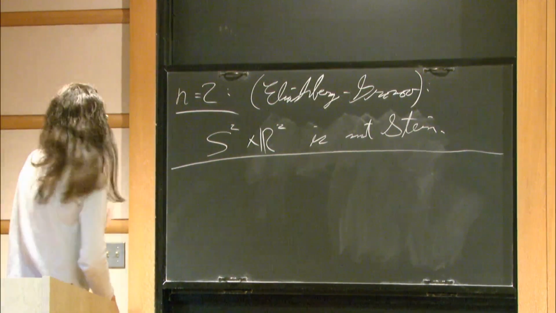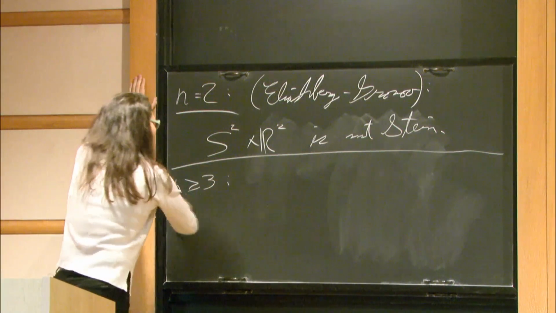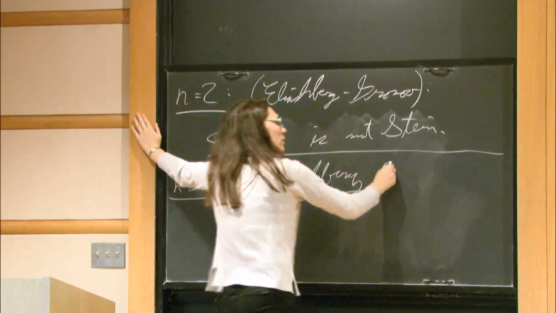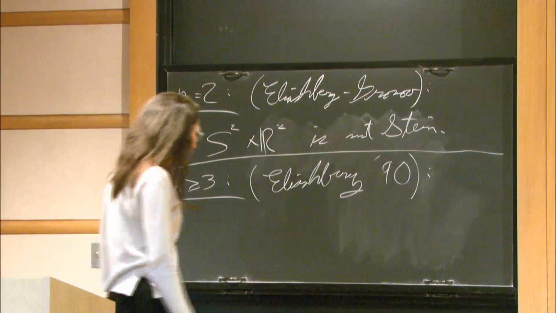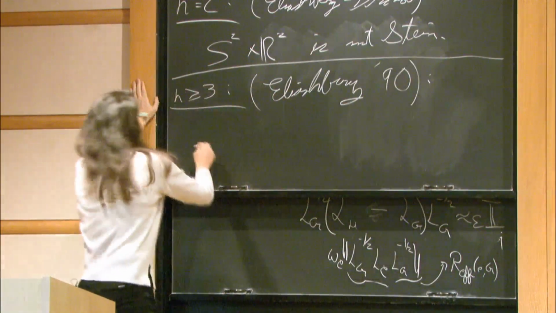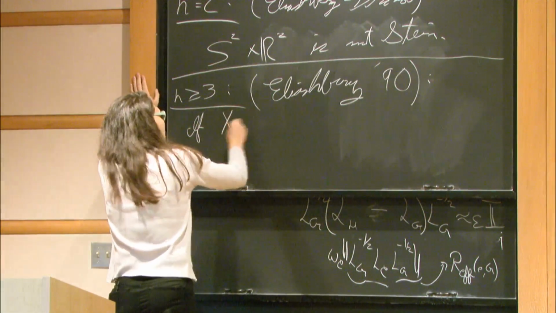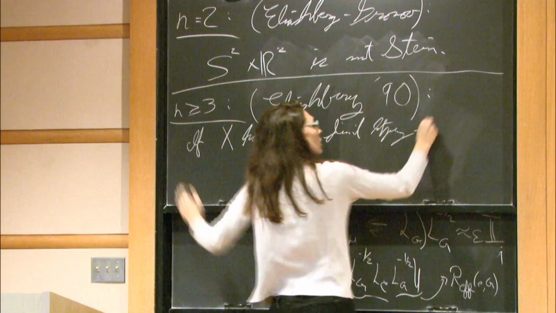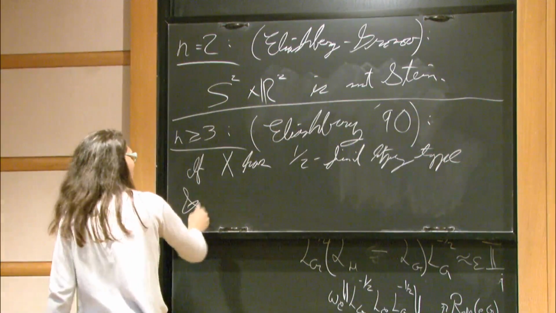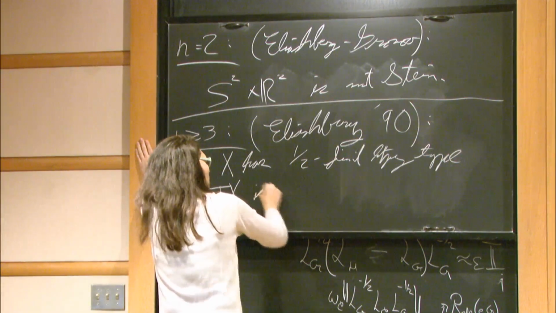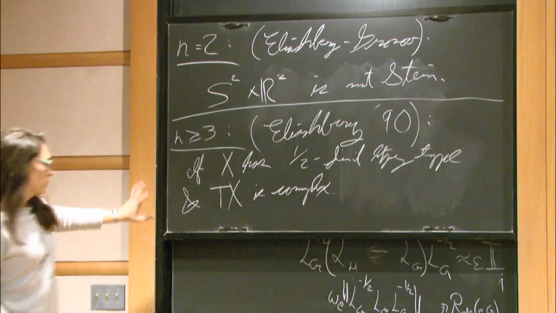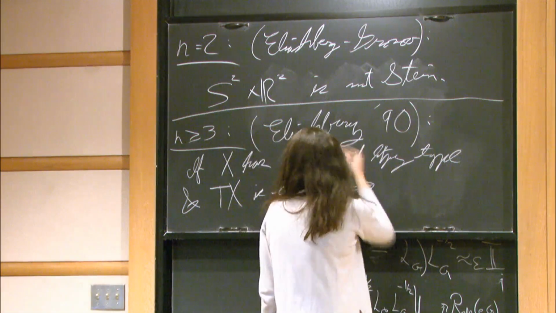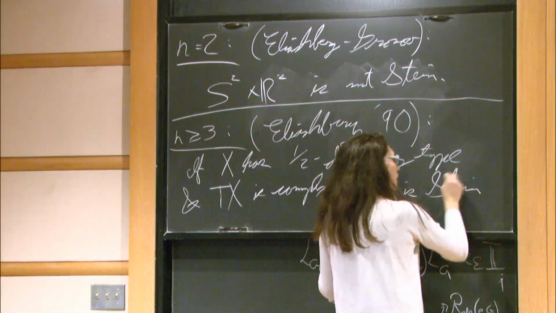And I think this is a good contrast with n greater or equal to 3, which is a theorem due to Eliashberg in 1990, which says that if X has a half-dimensional homotopy type and TX is complex, just as an abstract vector bundle, then this implies actually that X is Stein.